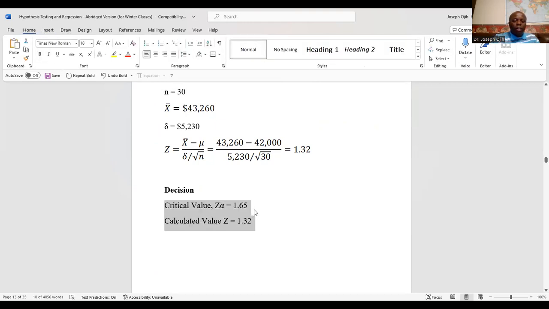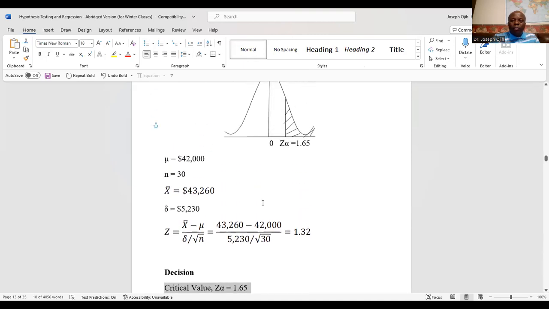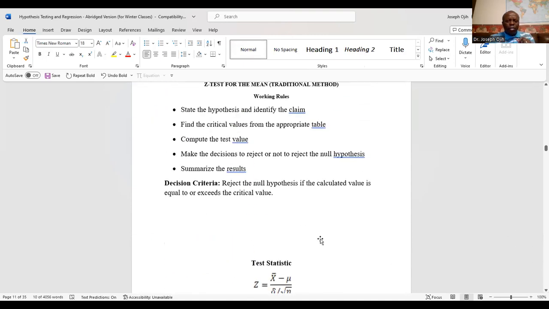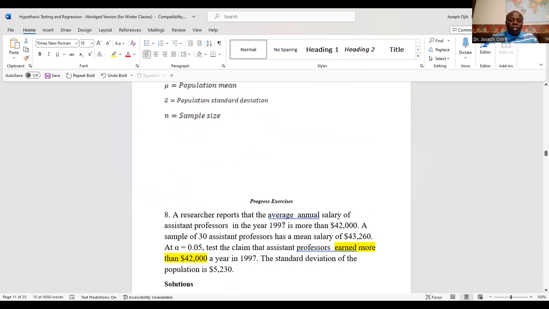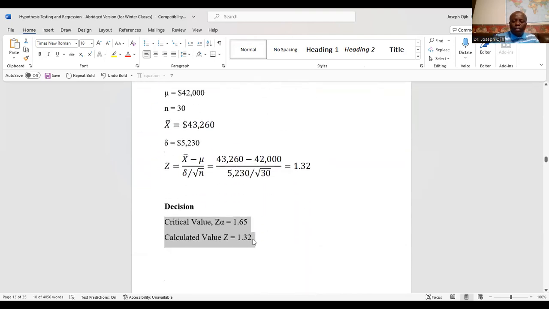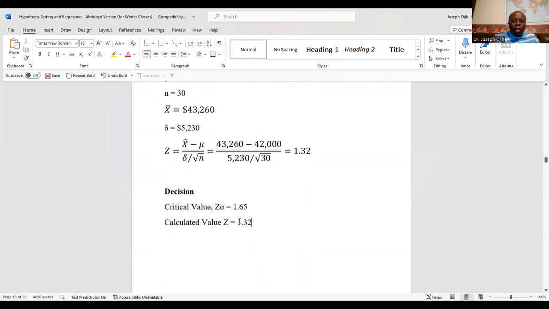Now remember, when I was introducing it, the decision criteria is this: reject the null hypothesis if and only if the calculated value is equal to or greater than the critical value. Otherwise, you don't reject it. So following that criteria, we compare the two.